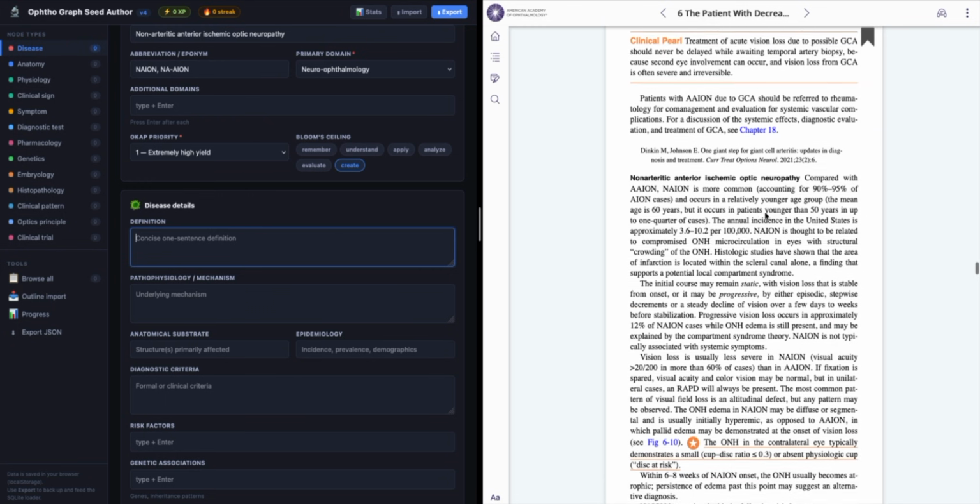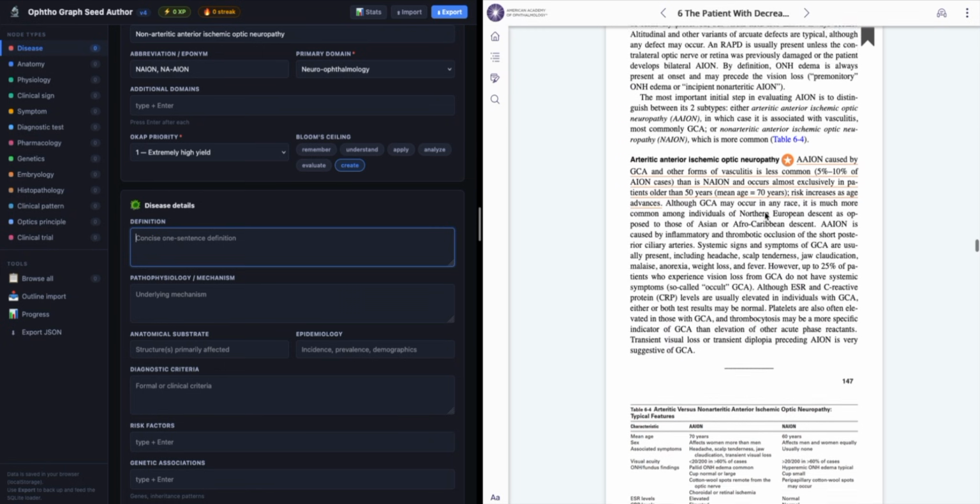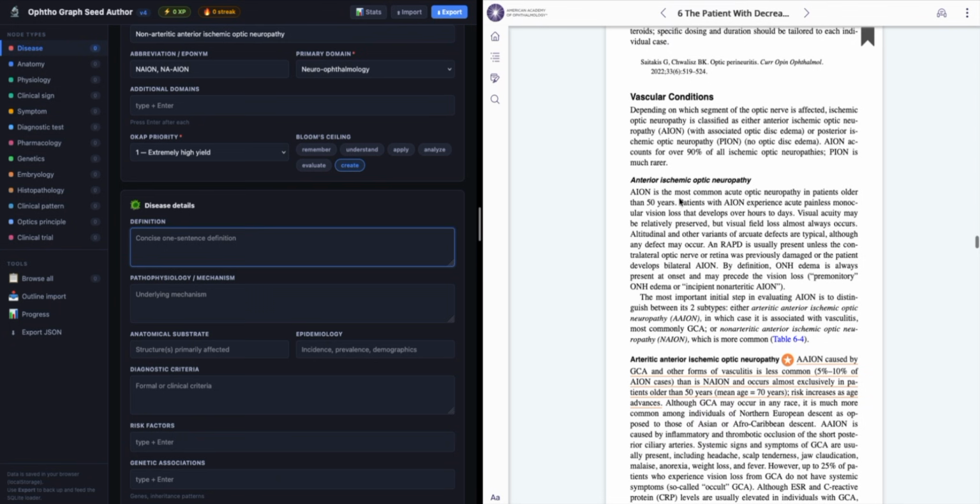So I'm going to scroll back up here a little bit because it gives us a little bit of a definition of anterior ischemic optic neuropathy here, which basically tells us that this is a sudden onset vision loss related to ischemia to the optic nerve.